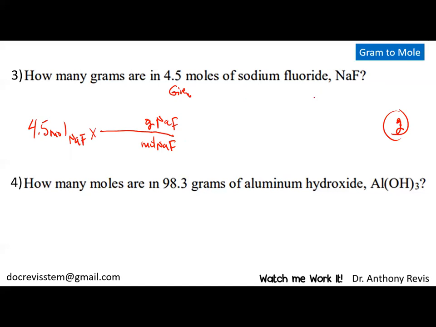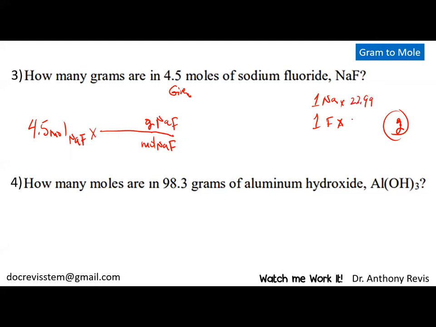But I don't know what this is. So I have to do one sodium, one fluoride times whatever those values are from the periodic table for these. And let's see, looking those up right here. Yeah, and so that's going to be 22 point, I should have said 23 here.